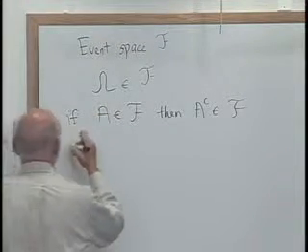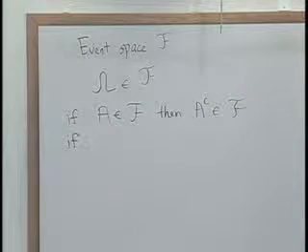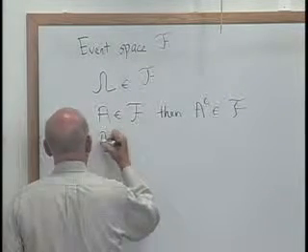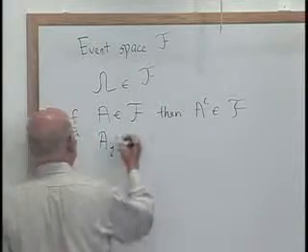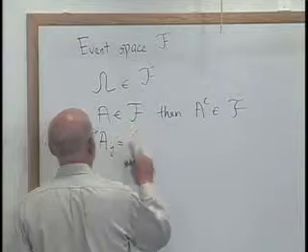And finally, this is the fancy version, but it's the one we need. If we have a bunch of events, I'll index them with an integer j.